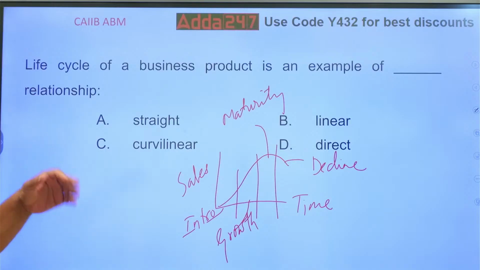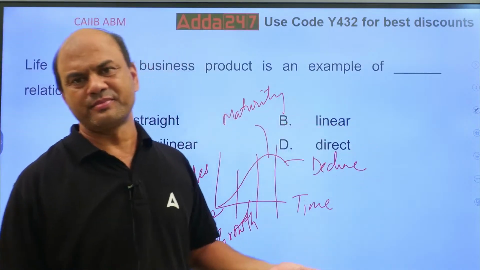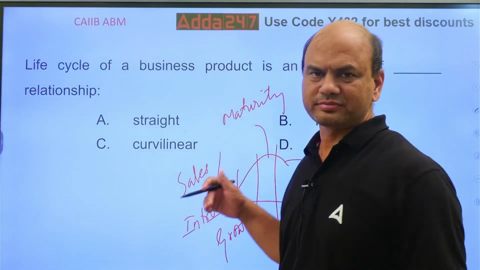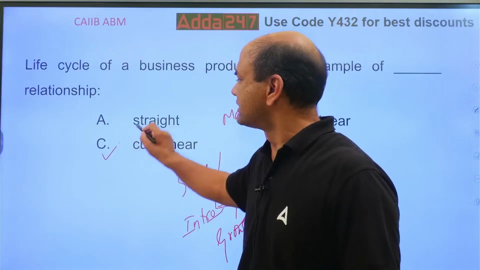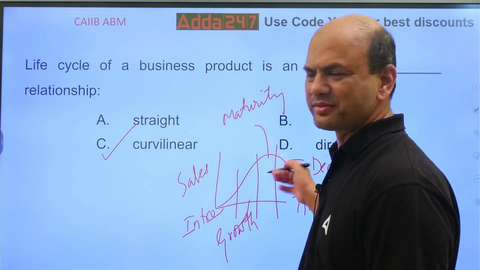What do you see this curve as? Do you see this curve as a straight line or linear? Straight and linear are almost the same, isn't it? Direct, there is no curve called a direct curve. The answer is C, curvilinear.